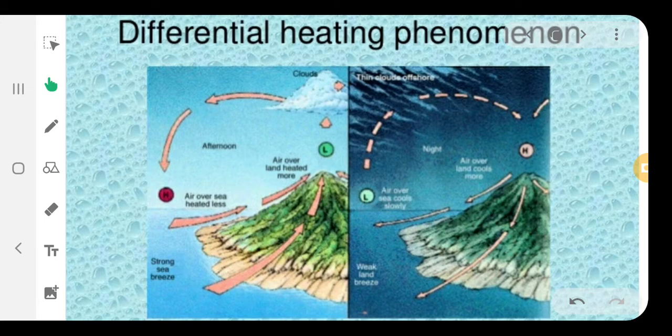This is the phenomena in daytime, whereas in night time you can see here above the sea it is low pressure area and on the mountains it is high pressure area. So from mountain it is moving towards the sea. That wind is moving towards the sea, that is high pressure to low pressure.